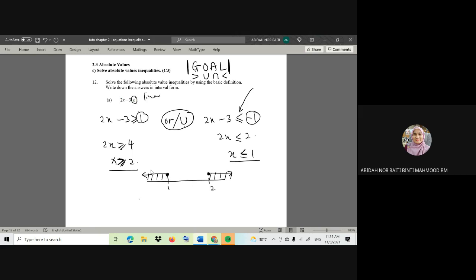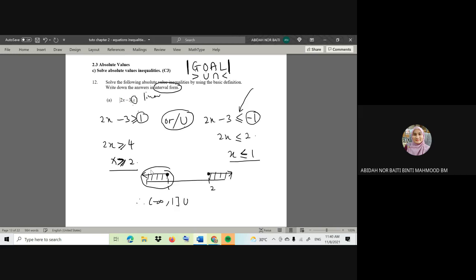Therefore, your answer, so disuruh tulis dalam interval form ya. So, to write your answer, tengok dekat shaded region. So, paling kiri kat situ adalah negative infinity until 1, square bracket. This is for your first shaded region.